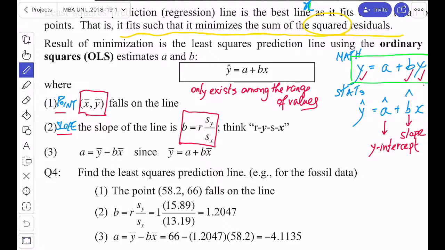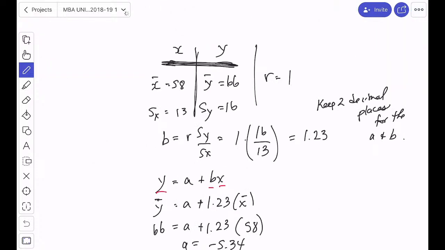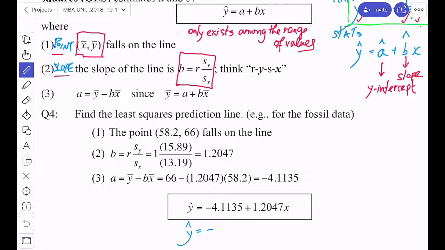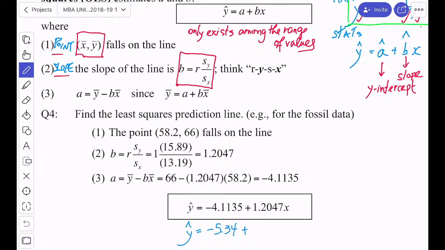I'm going to use a hat because this doesn't fit all the points. It's just a prediction line. It's negative 5.34 if I did that right. You guys can let me know. And the slope is 1.23.